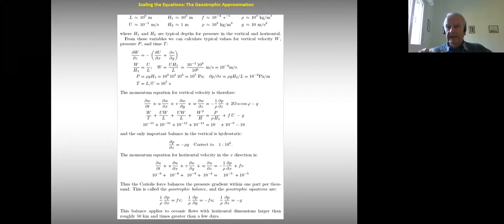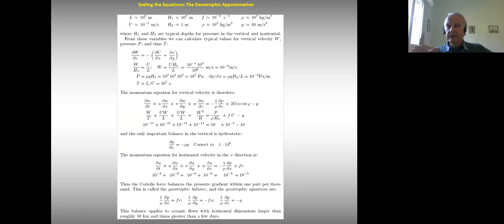These are typical values of the geometrical values in the ocean. We assume that the Coriolis parameter is 10 to the minus 4 seconds to the minus 1. The density is 10 to the 3 kilograms per cubic meter. The velocity is 10 to the minus 1 meter per second, so this is 10 centimeters per second.